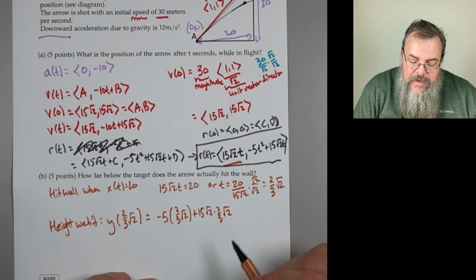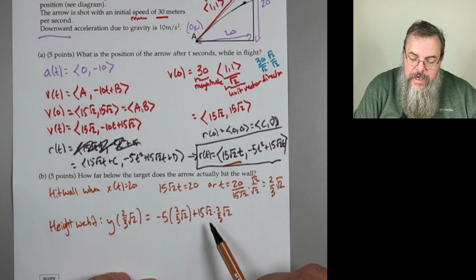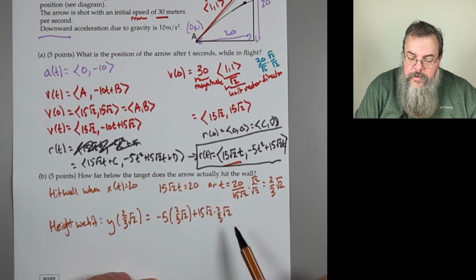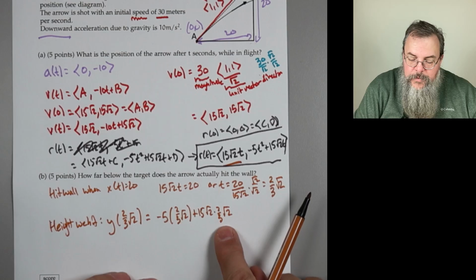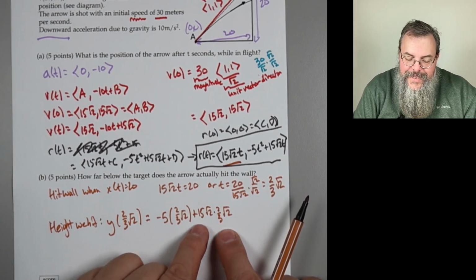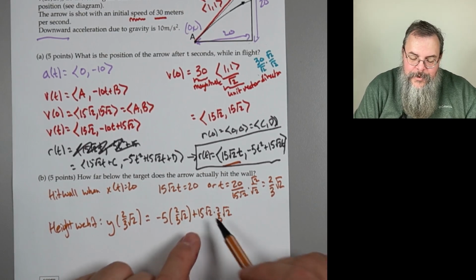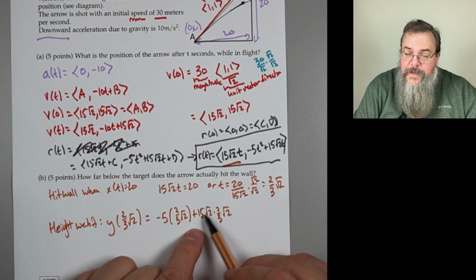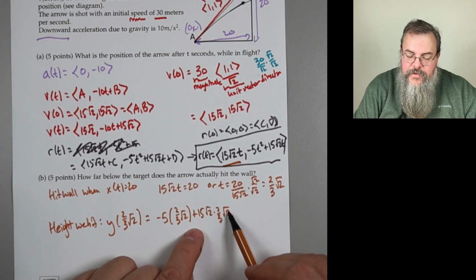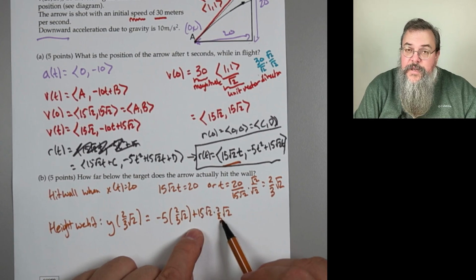Okay, now something nice will happen here. What's going to happen here? Well, when you plug in (2/3)√2, you get 15 times 2 is 30. Then you have √2 times √2 is 2, and divide by 3 is 20.